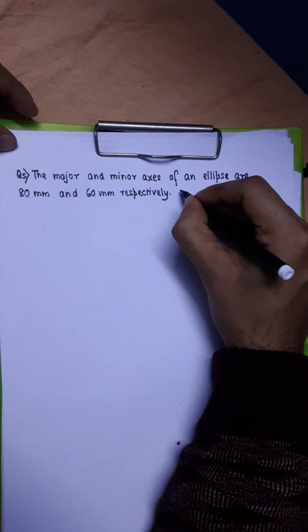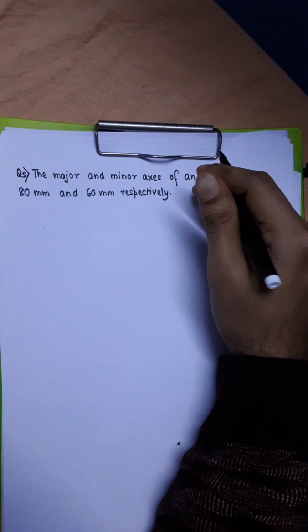So the lengths of the major axis and minor axis of the ellipse are supplied to you. Under such a situation, you have to draw the ellipse.